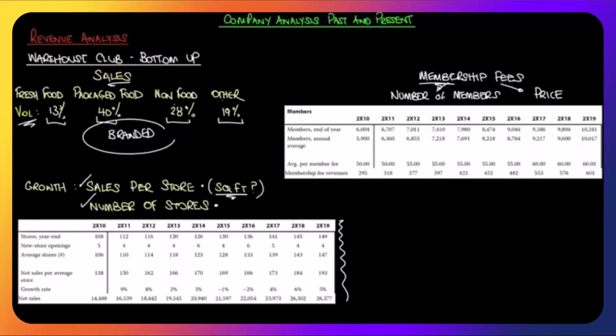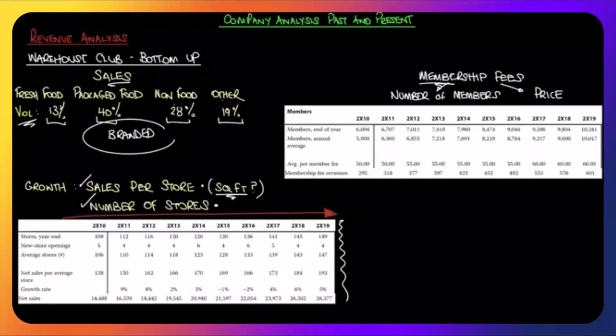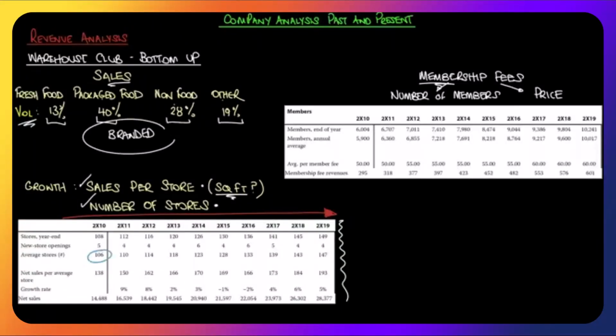So if we have a look at the numbers from 2010 to 2019, time is now going this way, the opposite to their little management report extract. Let's just take from 2010 to 2019. So that's 1, 2, 3, 4, 5, 6, 7, 8, 9 years of growth. Stores, 106 back in 2010, 147 in 2019.